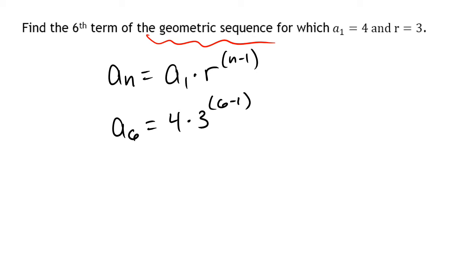So 4 times 3 to the 5th equals the number 972. And of course, it wouldn't take that long, right?